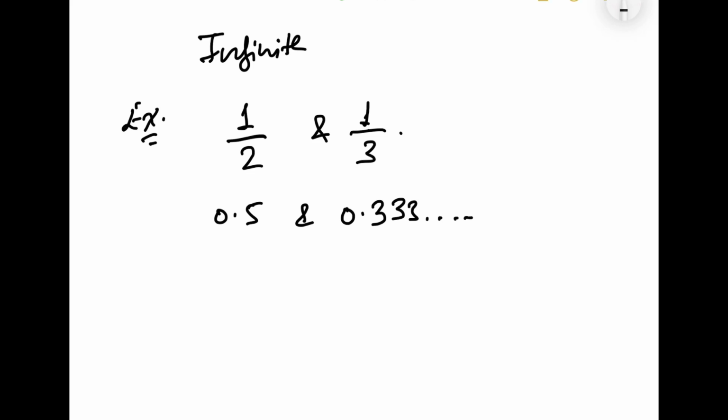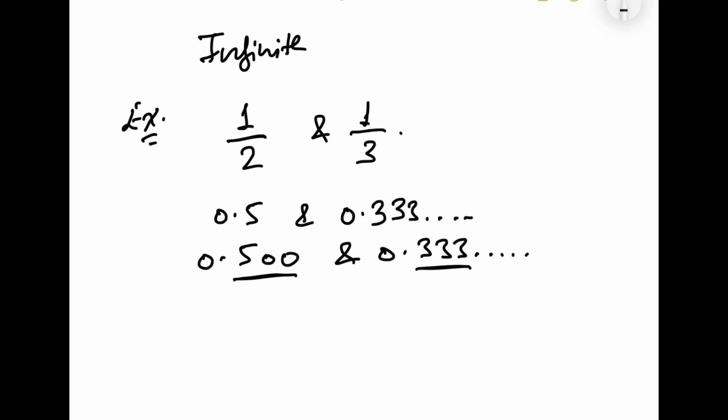How can we write them? To write rational numbers between two decimal numbers, first we can write 0.5 as 0.500. Yes or not? We can put any number of zeros after 5. Then 0.333 and so on. Now only see these terms, 500 and 333.